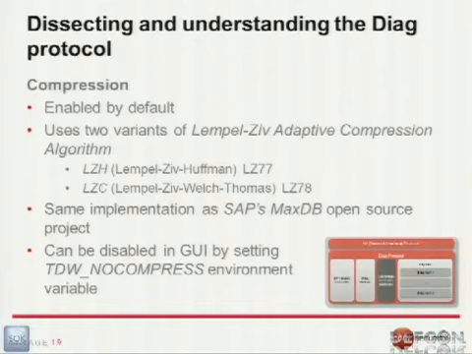It uses two different variants of the LZ compression algorithm, LZH and LZC, and it's the same implementation as the MaxDB open source products. So this code is available. And one interesting thing is that it can be disabled in the GUI application by setting a special environment value.